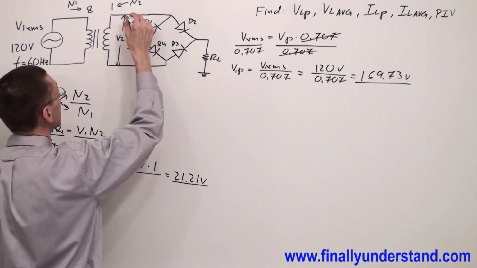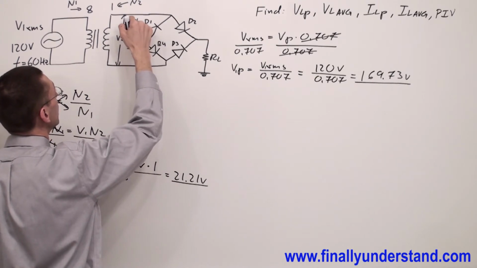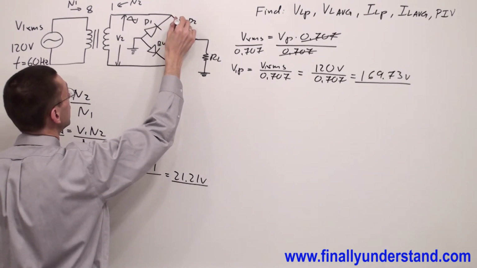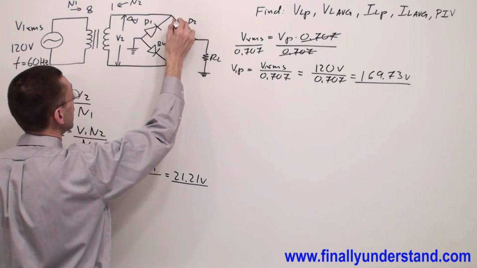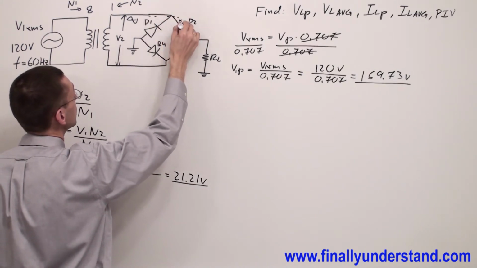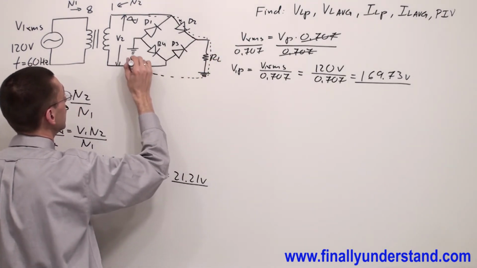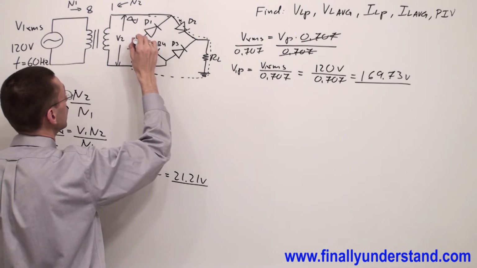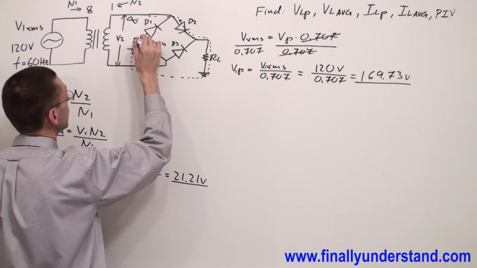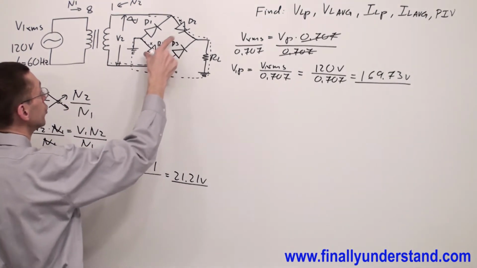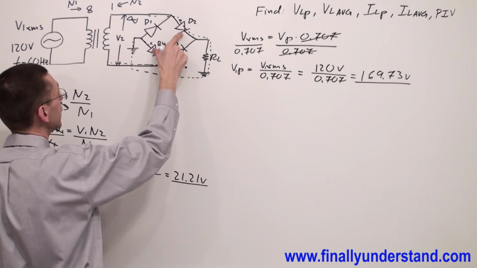So my current is going to go in this direction. When the positive half cycle appears over here, I'm going to have this diode conducting, because positive goes to positive, which forward biases this diode. So current will go like this. And I'm going to have another anode over here. So as you can see, 2 diodes are going to work at the same time.